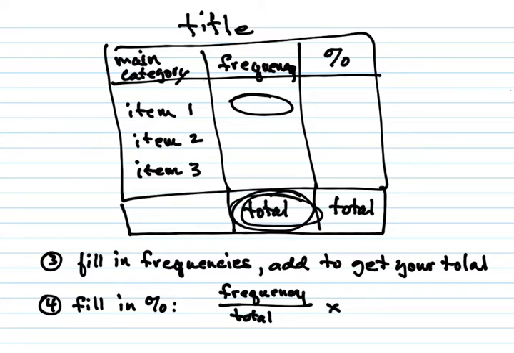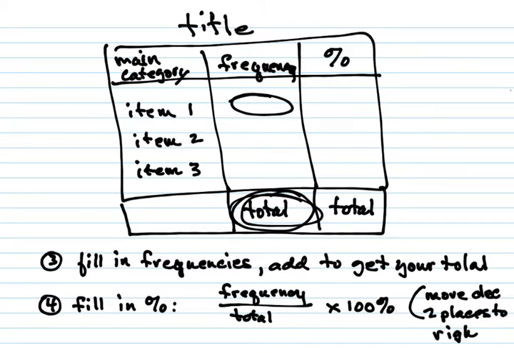And then to turn it into a percent, you multiply by 100%, but also remember that multiplying by 100% simply moves the decimal 2 places to the right, makes it bigger. So if you don't want to multiply by percent, simply move the decimal 2 places to the right. Now you'll notice that the percentages also get a total. So that's your last thing.